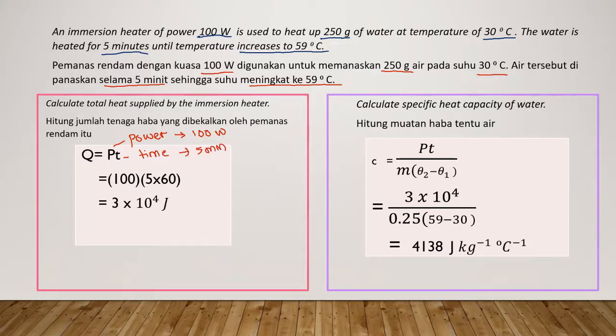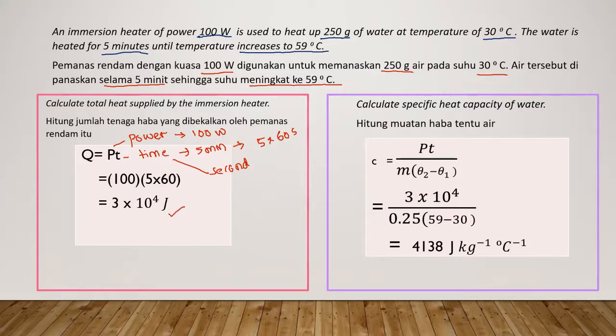So 5 minit kita tukar kepada SI unit. SI unit for time, remember, second. So 5 times 60 seconds. Okay, so kita masukkan all the information here into the formula. 100 times 5 times 60, so we get the answer is 3 times 10 to the power of 4 joule.